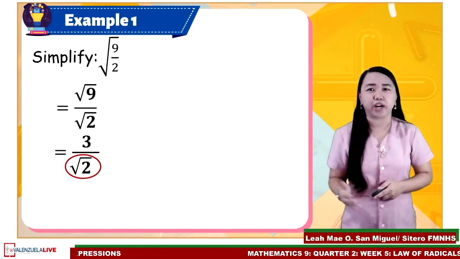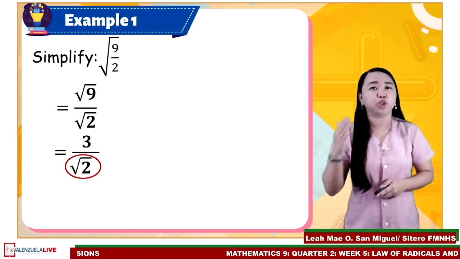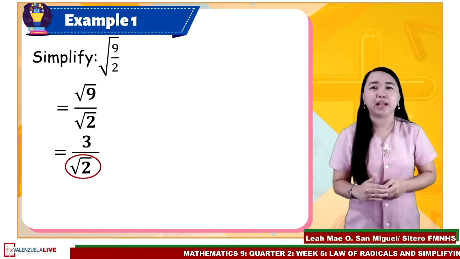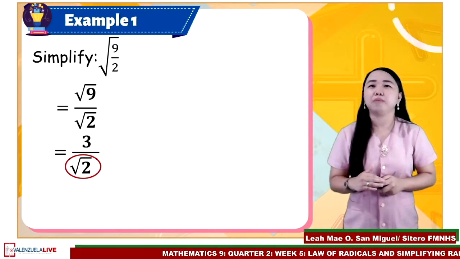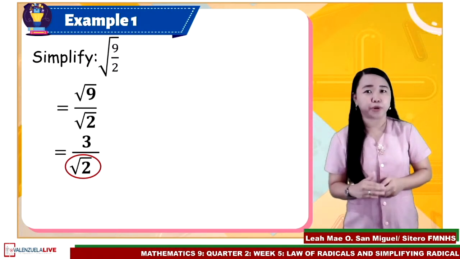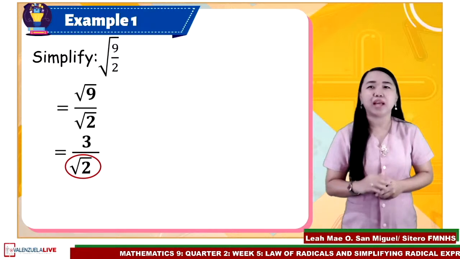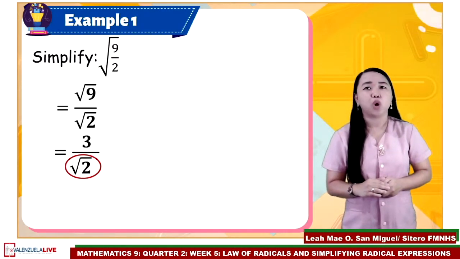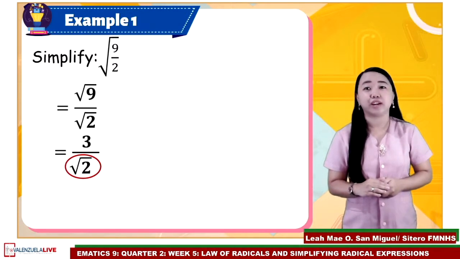What number can we multiply to both the numerator and denominator such that the radical in the denominator becomes an integer or whole number? Before we answer that, take note that squaring a square root will leave only the radicand.